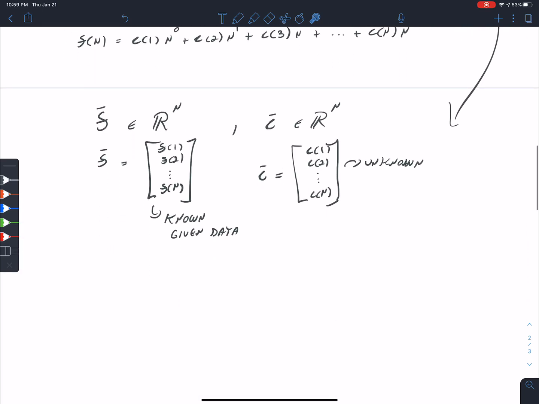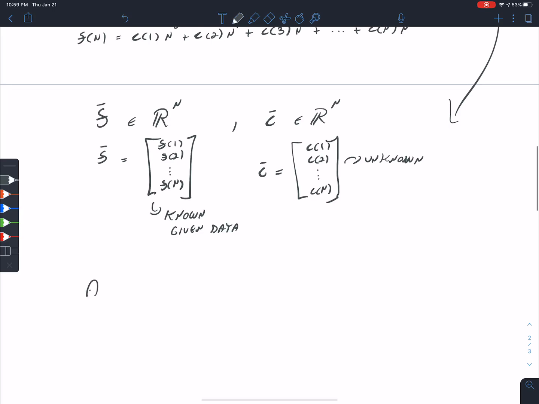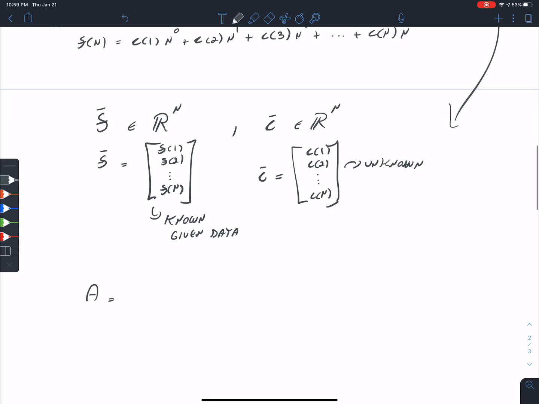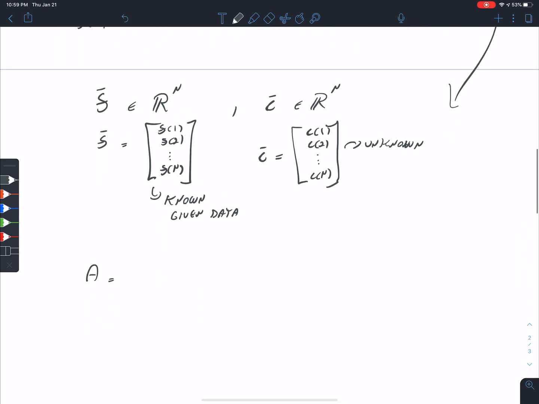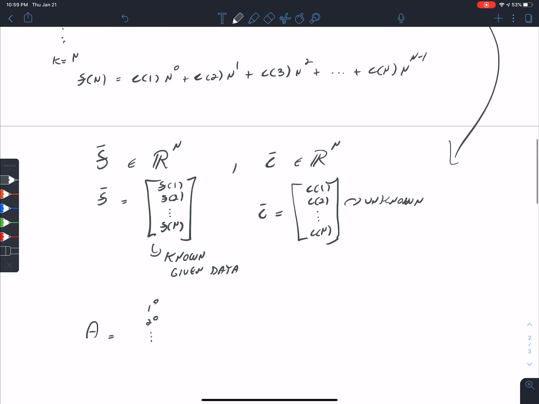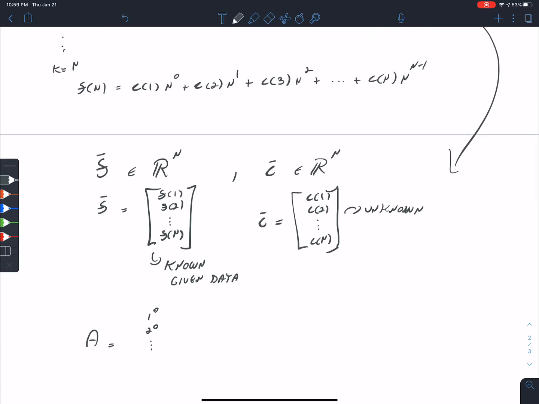So let's write a few elements of this matrix. Again, this is going to be 1 to the 0, 2 to the 0, the first column, all the way through n to the 0. And that's going to be our first column.